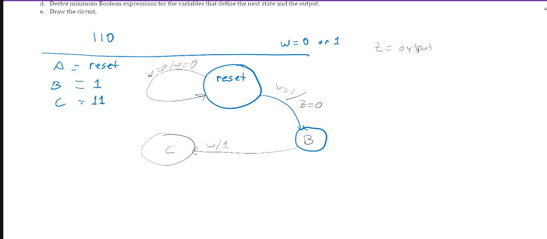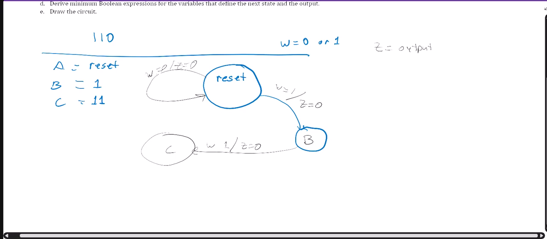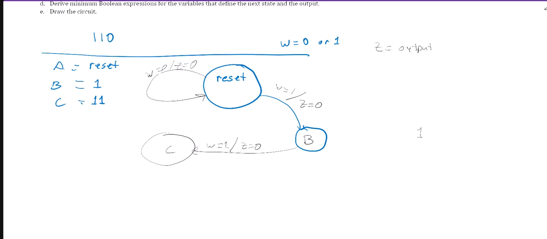I would not have detected my sequence yet, and so my output will still be 0. If I am in state B, that means I have a single 1, and if the next thing I get is a 0, then I'm back to square one, because I don't have anything. So it'd be W equals 0, and my output also equals 0.